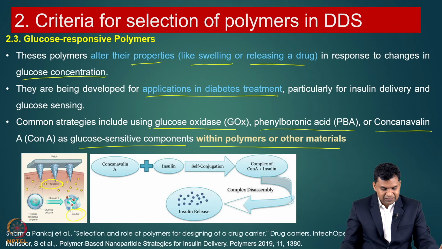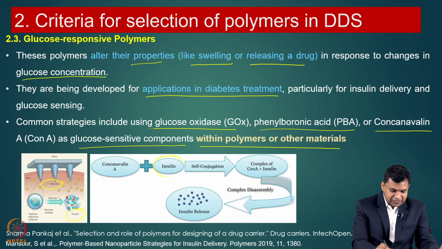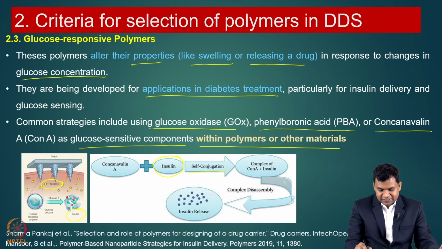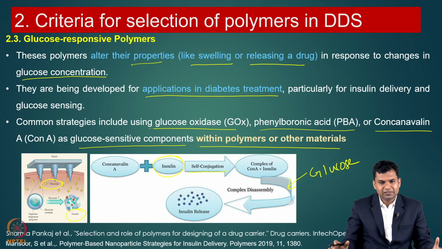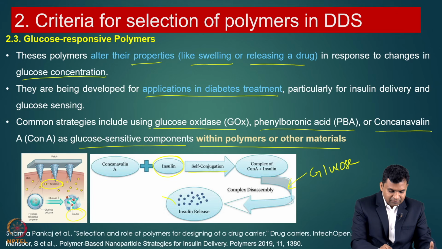Here also you can see there is one more responsive system. Here insulin is encapsulated and it is conjugated, and when it responds with the glucose, that complex is reversibly coming out from the system, and then that will release the drug.